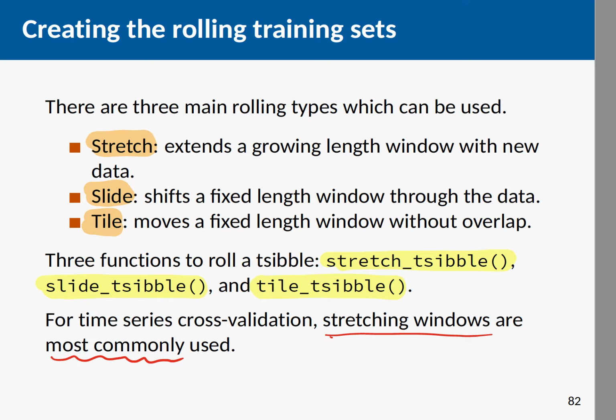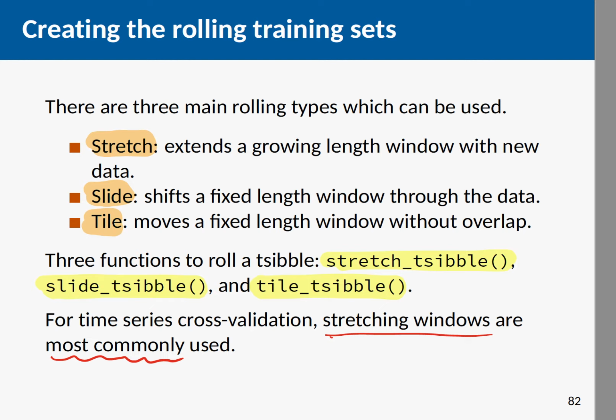Now there are three main rolling types that can be used. The first, and the most commonly used, is called stretch. When we use the stretching window, it extends a growing length window with new data in each iteration.